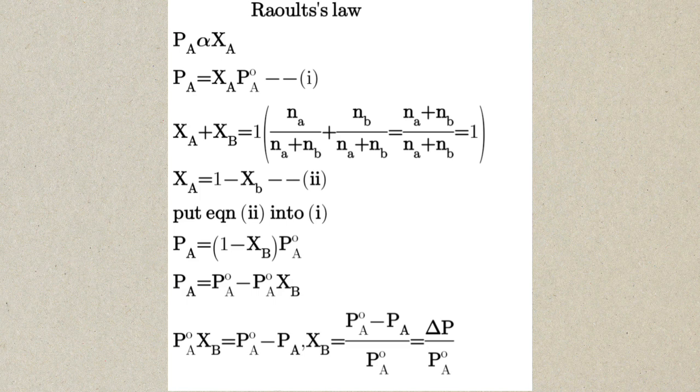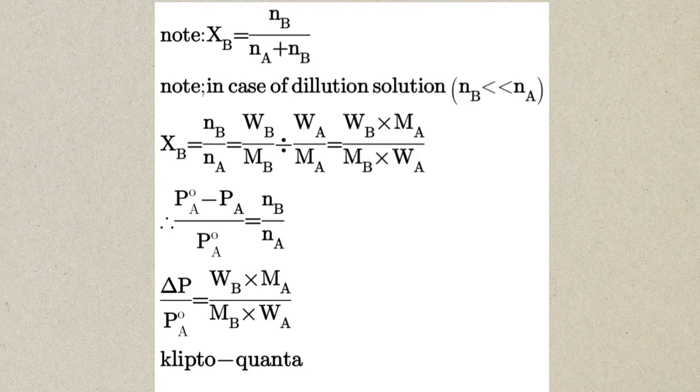Or we can say the mole fraction is equal to the relative lowering of the vapor pressure. Do not forget from our expression for molality and mole fraction that the mole fraction of B is equal to the number of moles of B over the total moles, just like we said earlier in our previous class.